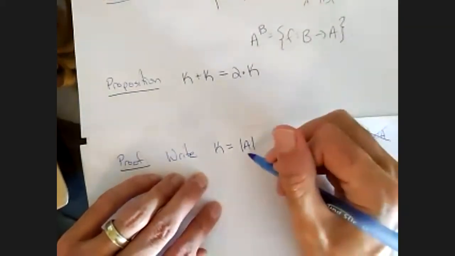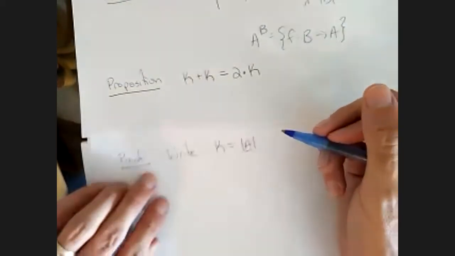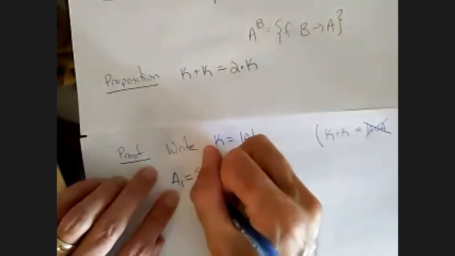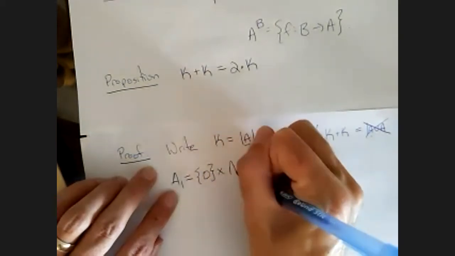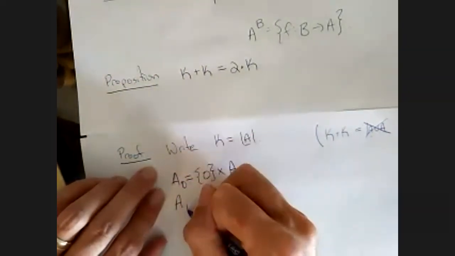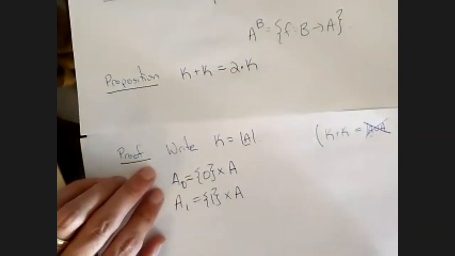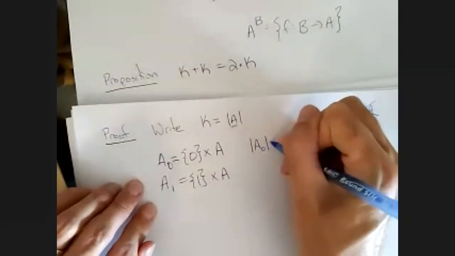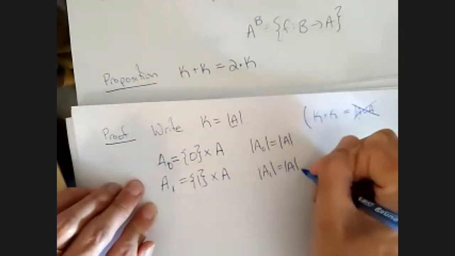But we just have to find a copy of A, which has the same cardinality of A. So we define A0 to be 0 cross A, and define A1 to be the singleton 1 cross A. Now, the cardinality of A0 is equal to the cardinality of A. The cardinality of A1 is equal to the cardinality of A.